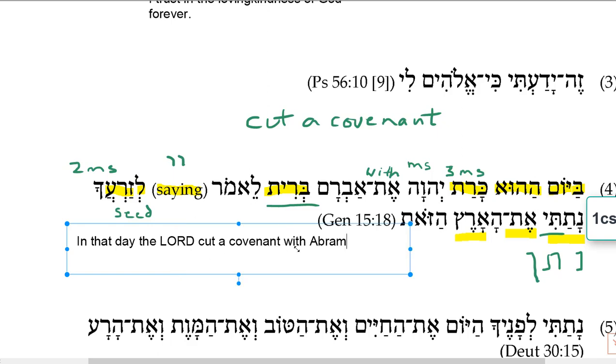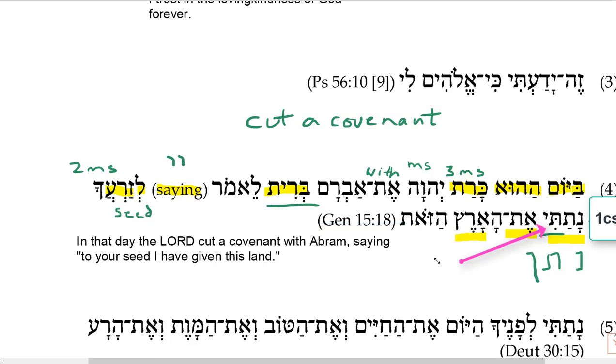And that day the Lord cut a covenant with Abram, saying, to your seed I have given this land. Notice that I translated natati as I have given rather than I gave. So there's that present perfect idea rather than simple past tense. And it seems to make more sense in this context.